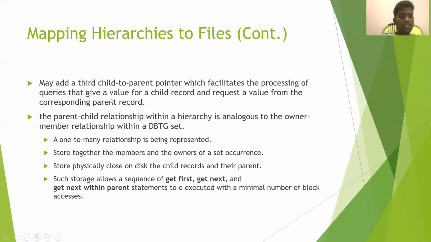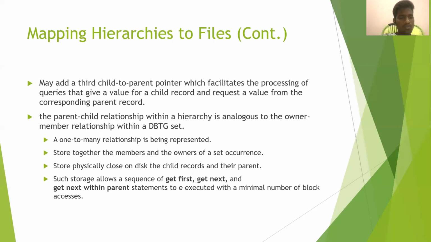We may add a third child to parent pointer, which facilitates the processing of queries that require a value from a child record and request a value from the corresponding parent record. The parent-child relationship within a hierarchy is analogous to the owner-member relationship within a DBMS set.